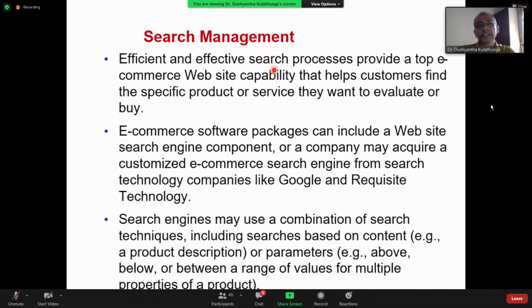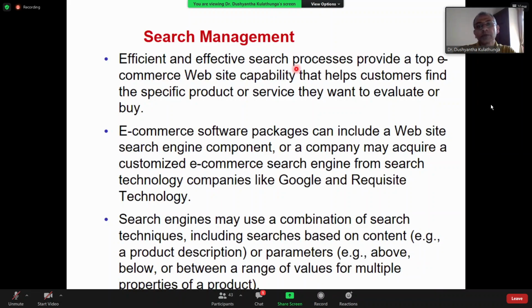Now, the searching facility, I think, is very important when it comes to an e-commerce site, because everything a particular individual user requires cannot be displayed on the home page. Because individuals may be interested in different items, we should provide a mechanism for individual users to search for what they want.